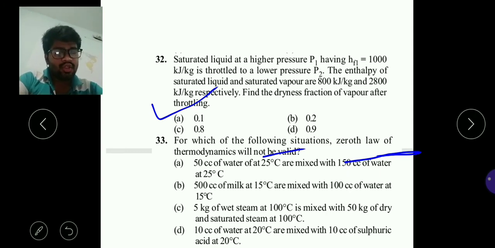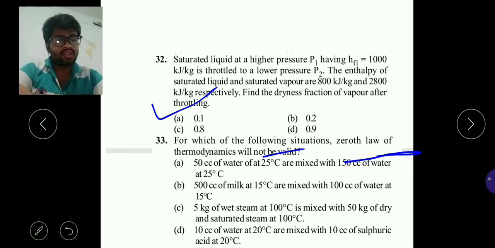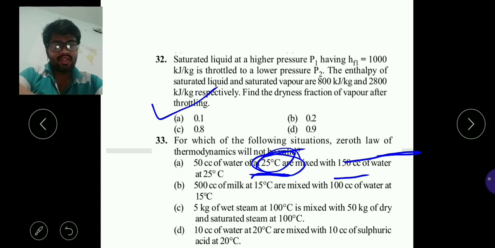So let me check which option is not obeying the thermal equilibrium condition, or the zeroth law of thermodynamics. 50 cc of water at 25 degrees centigrade is mixed with 150 cc of water at 25 degrees centigrade. So it is obeying that law. There will be no change whatever amount will be added, so that doesn't change the temperature.